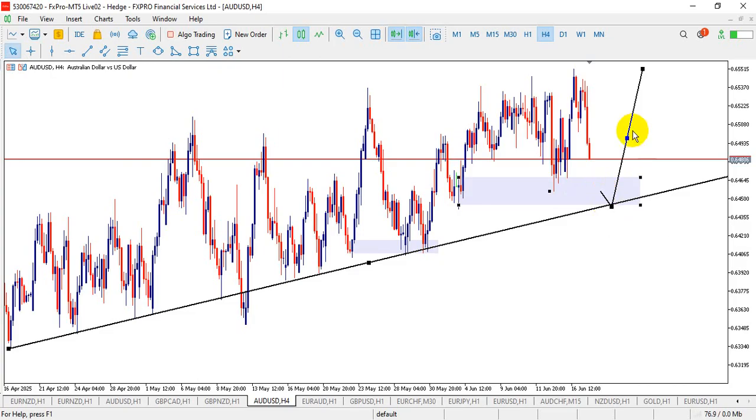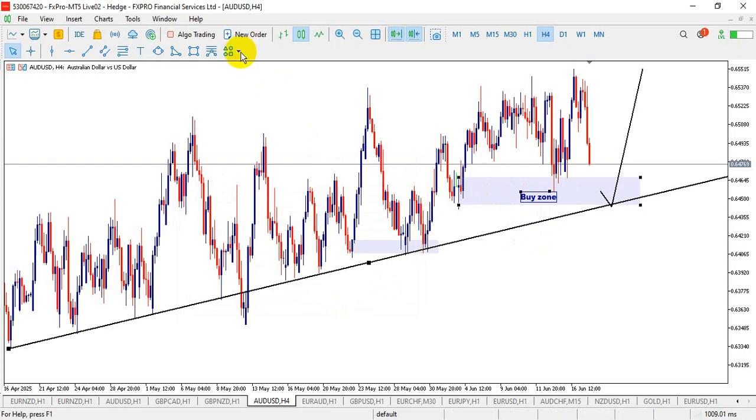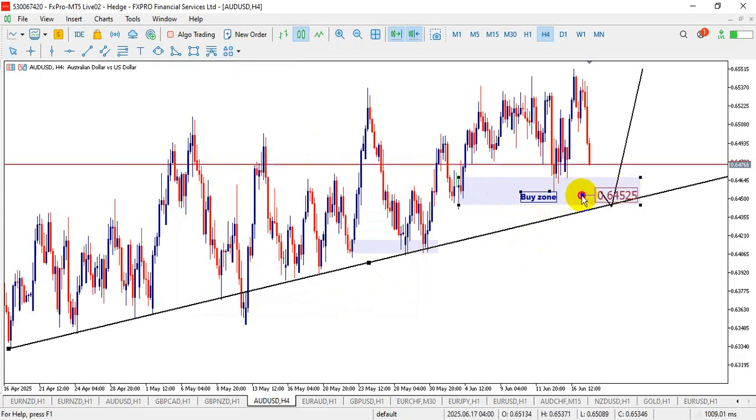So for those of you who want to buy, you can see price is pushing hard, very fast towards the downward side. So wait for price on this zone, then we can buy. Wait for price on this zone somewhere here. That is around 0.64498.